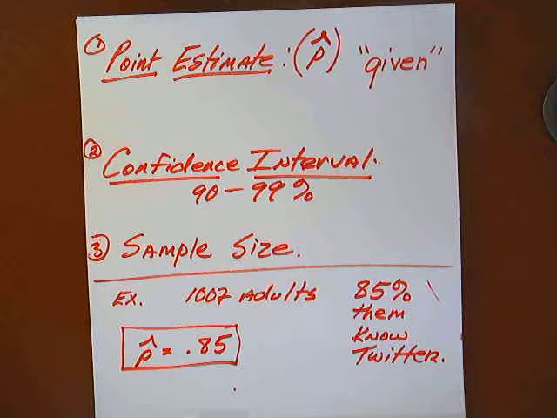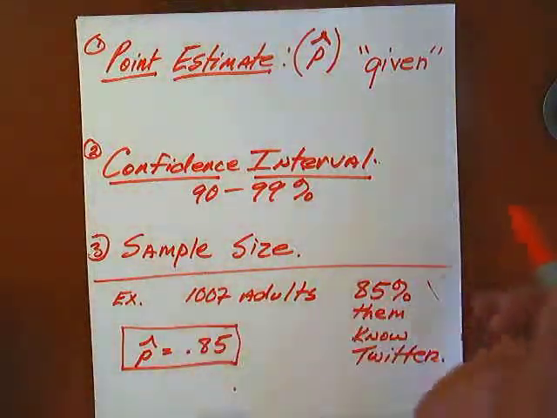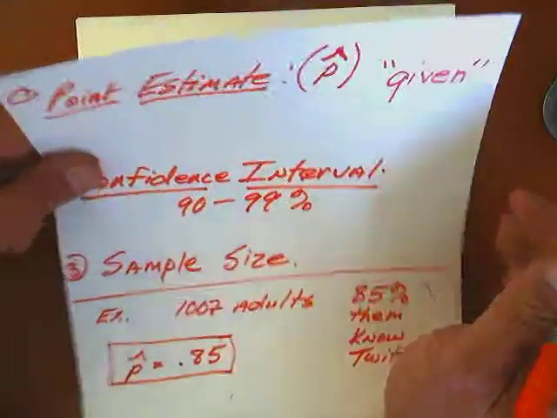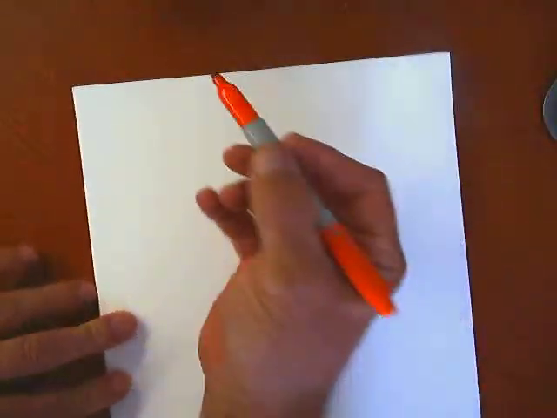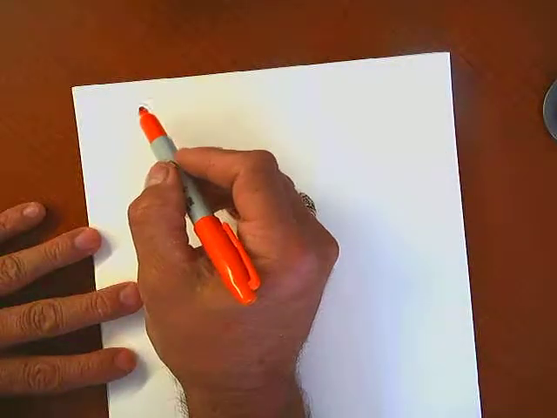Now, the reason for the confidence interval, of course, is to be confident in your prediction. How confident are your statistics? How confident is your point estimate? Like I said, the best thing to do is go from 90 to 99%.